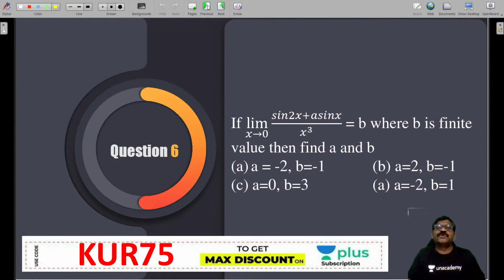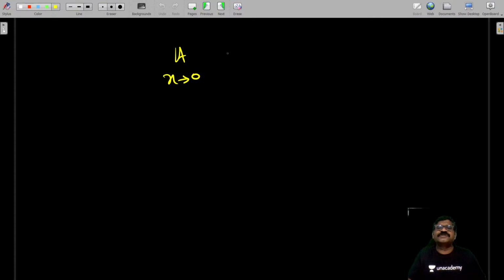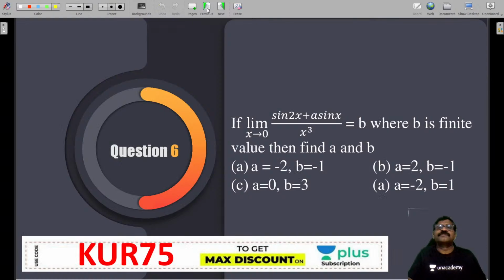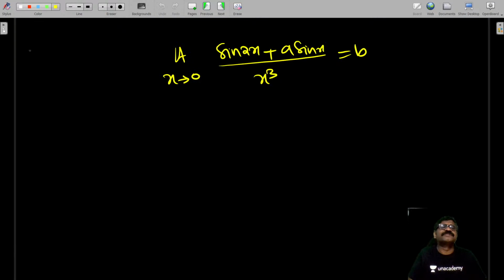Limit x tends to 0, sin 2x plus a sin x by x cube equal to b, where b is finite.